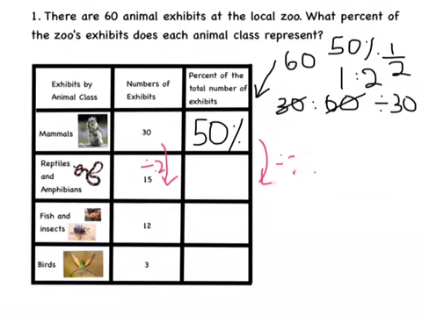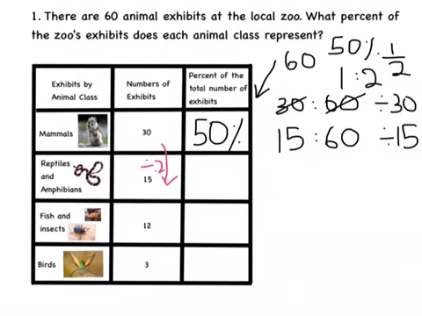So what we want to check right here is whether it's actually 25% or not. So what we need to do is there's 15 exhibits out of 60. And what we need to do to simplify is divide by 15. Really easy.